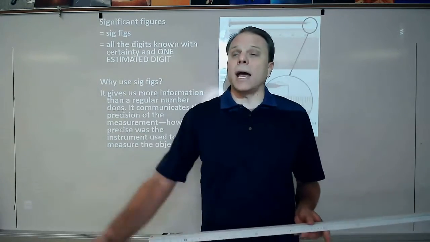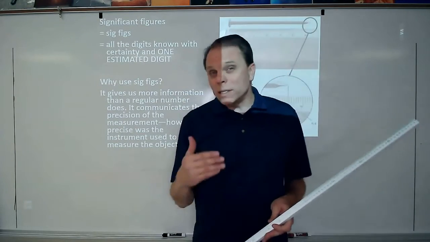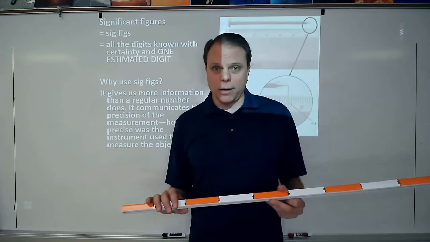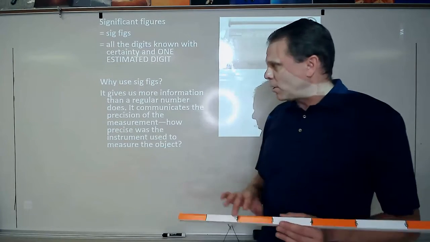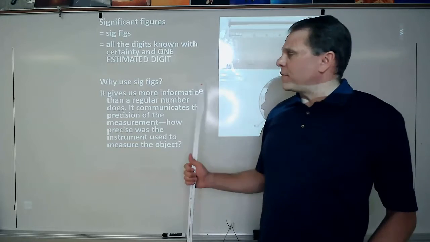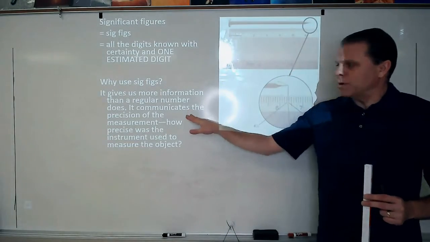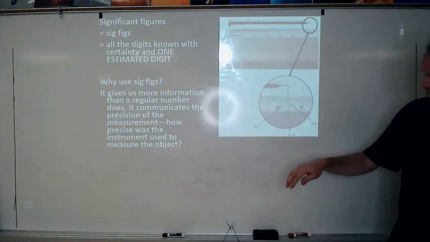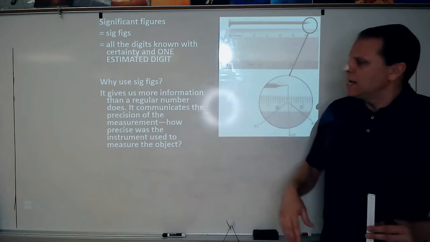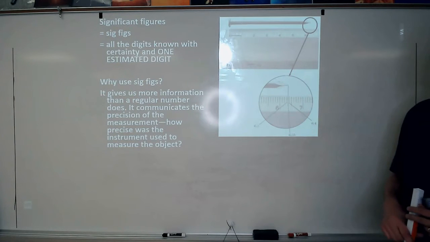And then we also guess one digit. We estimate one digit in between the known marks, okay? So sig figs give us more information than regular numbers do, communicate the precision of instruments, and tell us how precise the instrument was that was used to measure the object.